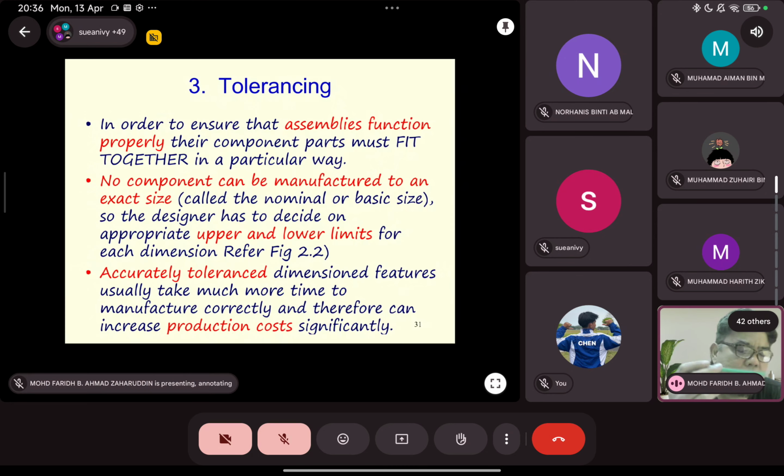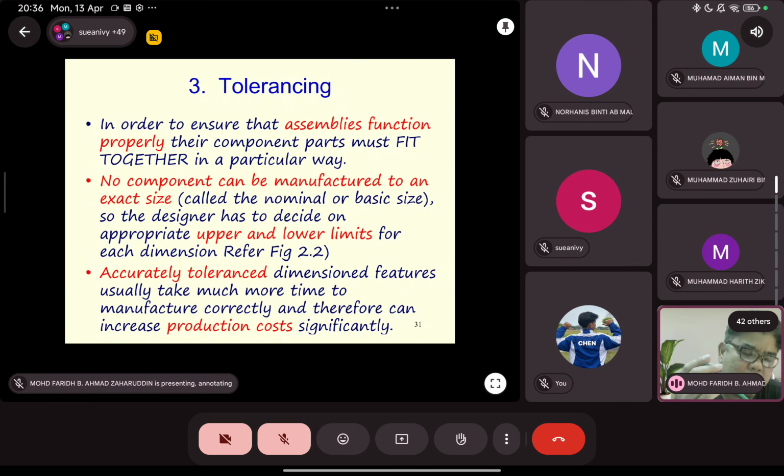Okay, the higher grade will be type A, second grade will be type B, third grade will be type C. But both hole and shaft need to be fitted together, and they must be in the same grade. Okay, and the third one is interchangeable manufacture, iaitu pembuatan boleh saling tukar.